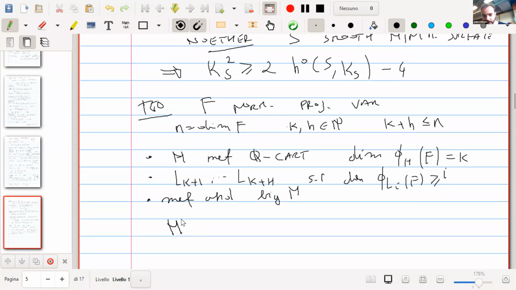You take M to the power n minus K minus H, dot L K plus 1 dot L K plus H, and then you dot it with H to the K, and that's at least the H0 of F lower part of H minus K.